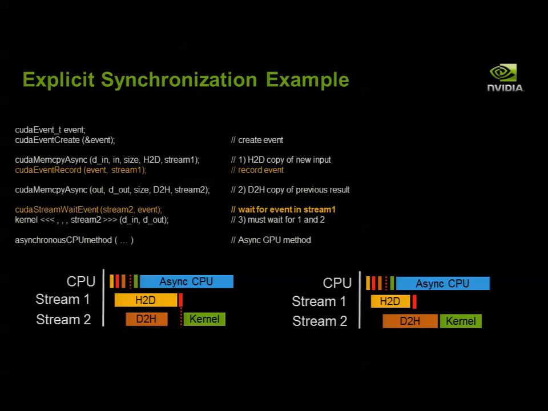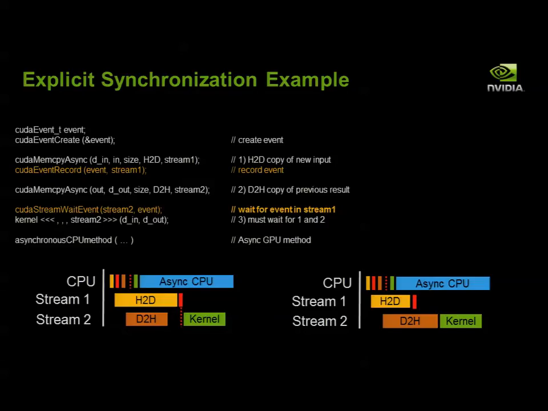But now, in this particular case, it puts this event, and it says CUDA stream wait event. You're linking progress in stream 2 to reaching an event in stream 1.